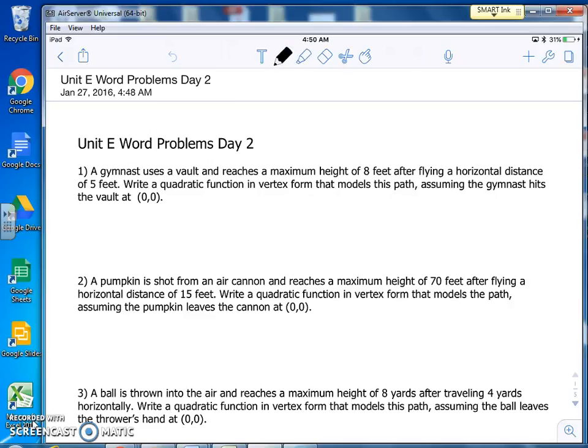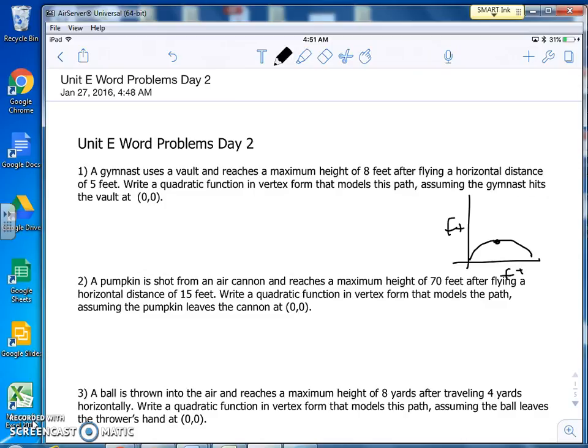So if we think about what this means in terms of the picture, here's your x and y axis, there's your origin 0, 0. The gymnast is moving like that, so since x and y are both feet, this is actually what you would see if you were watching the gymnast.